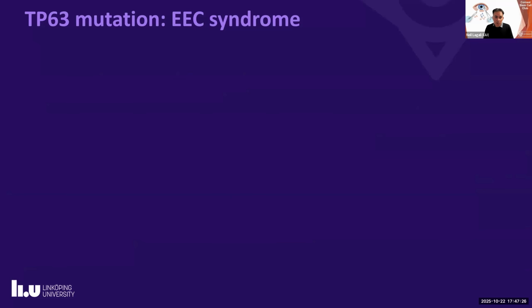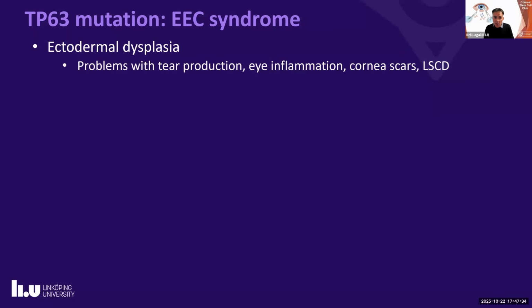And the other gene I mentioned was the TP63 mutation, and this results in a disease called EEC syndrome, which is an ectodermal dysplasia, which affects the skin, but also can affect the eye. And when it affects the eye, there are problems with production of the tear fluid, as well as inflammation in the eye, scars, and limbal stem cell deficiency.